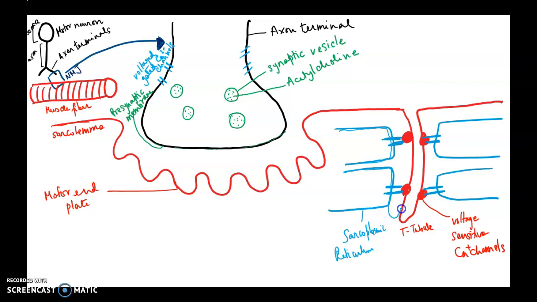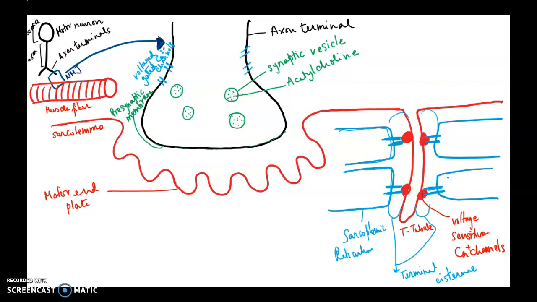On either side of the T-tubule, you have these sac-like structures, which are part of the sarcoplasmic reticulum, and these sac-like structures are called terminal cisternae. Associated with the sarcoplasmic reticulum, do you see these blue lines?